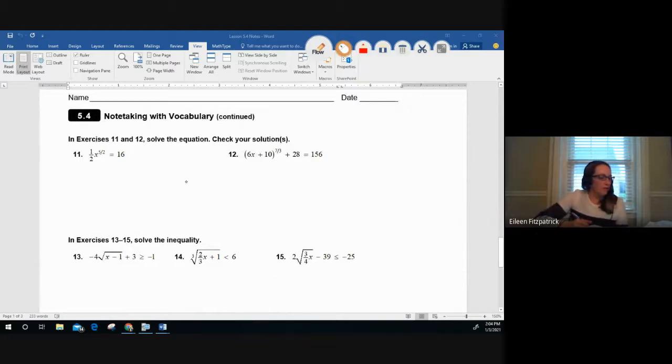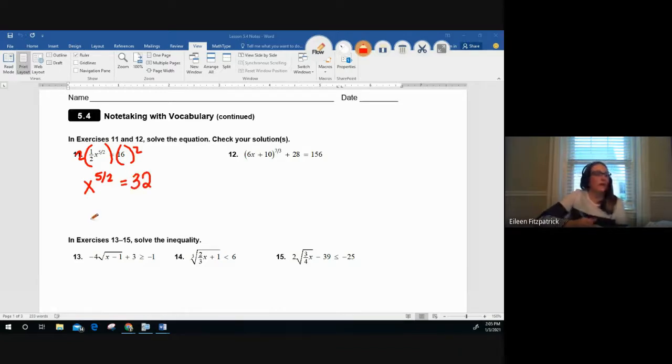For these fractional exponents, you're going to raise both sides to the reciprocal power. First we're going to isolate as much as we can the variable, and then I'll explain what I just said in more detail. To isolate the variable, we first multiply both sides by 2. So I have x to the 5 halves equals 32.